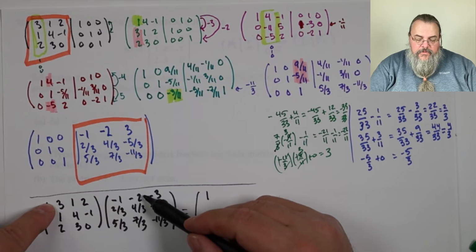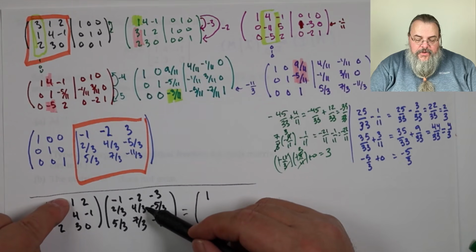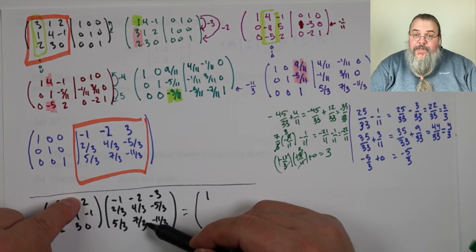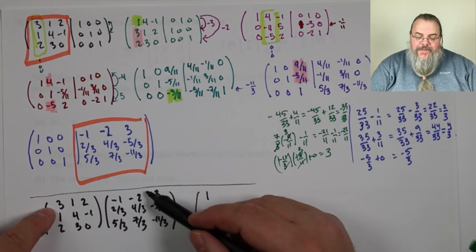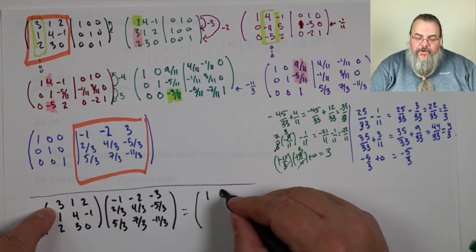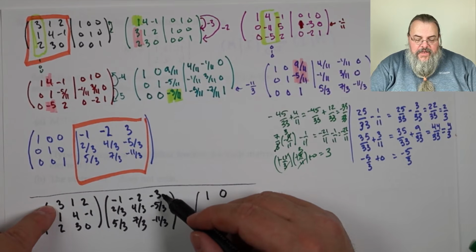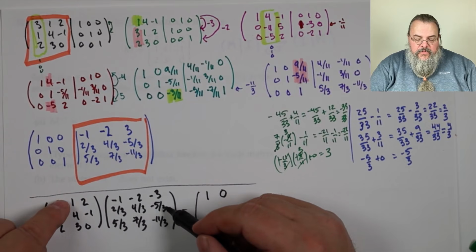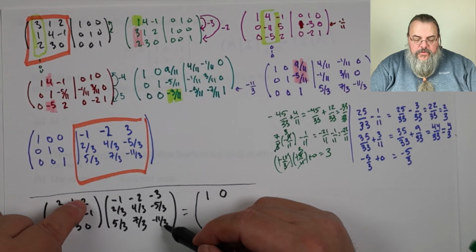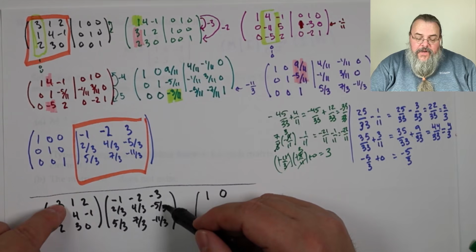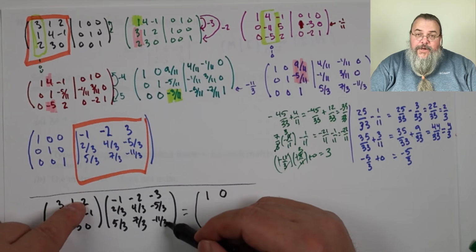Minus 6 plus 4/3 plus 14/3. 4/3 plus 14/3 is 18/3, which is 6. Minus 6 is 0. Minus 9, minus 5 thirds, and then minus 22 thirds. Well, minus 5 minus 22 is minus 27. Divided by 3 is negative 9.